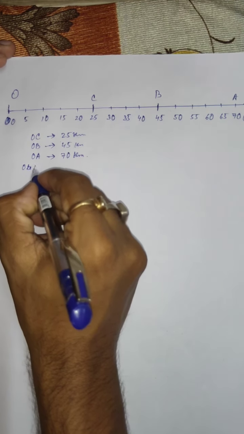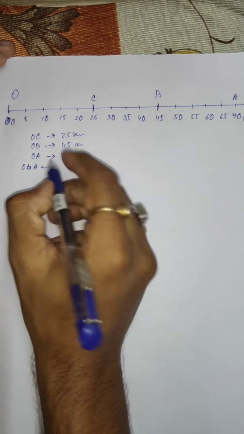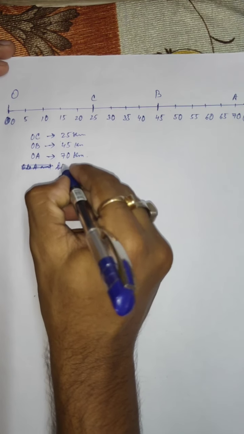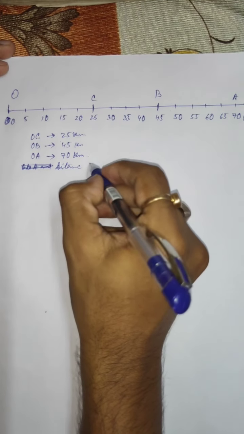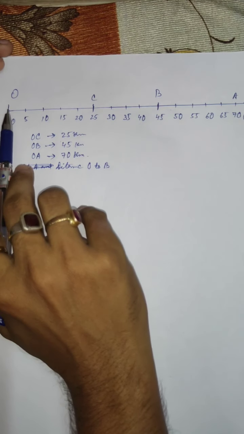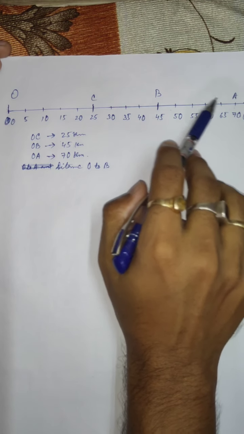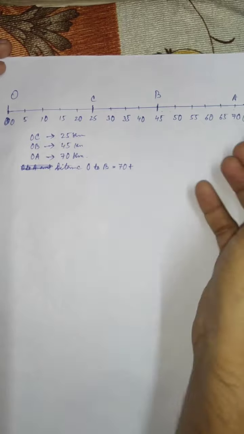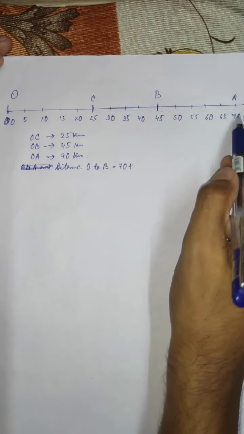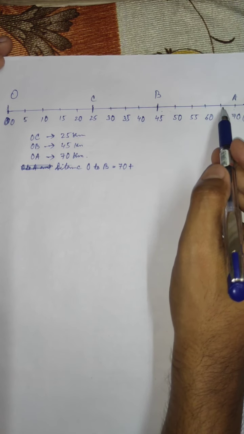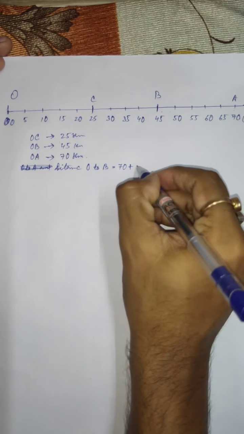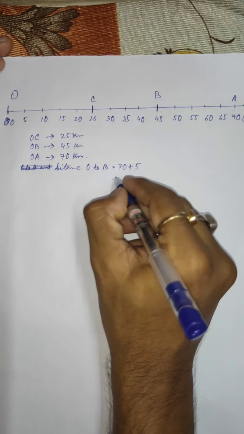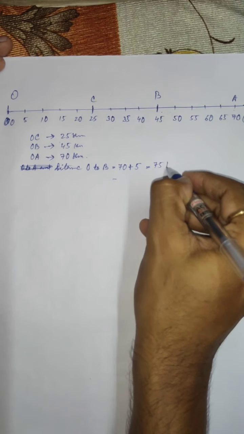Note it, first it has already reached A and then comes back to B. Then how much distance has it traveled? 0 to 70 it has already traveled, plus again how many kilometers from 70? 1, 2, 3, 4, 5 kilometers. So the answer is 75 kilometers.